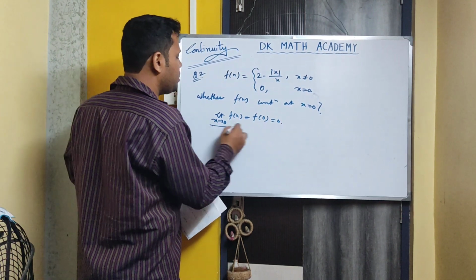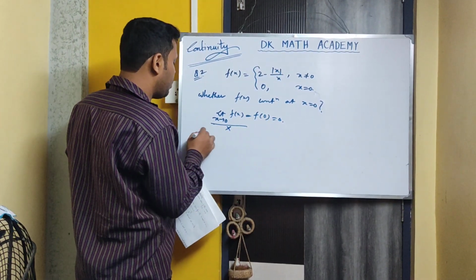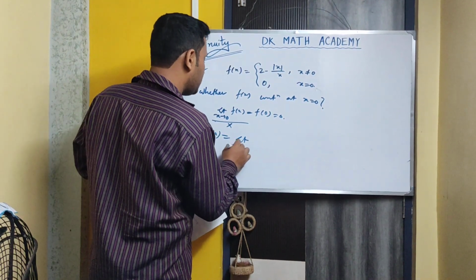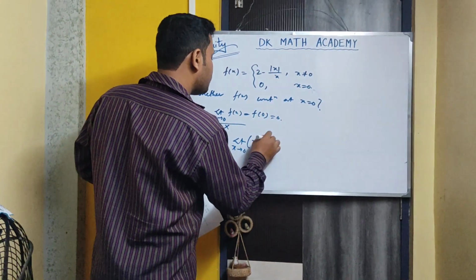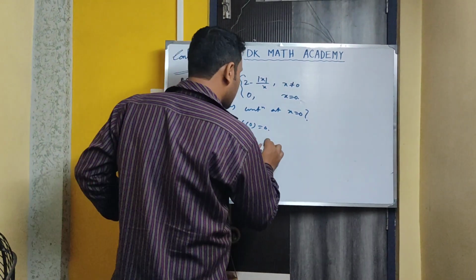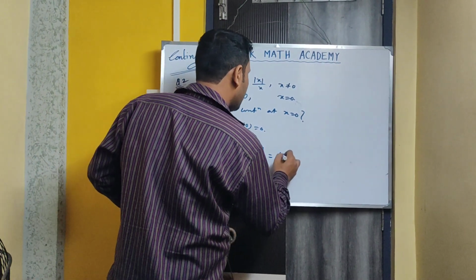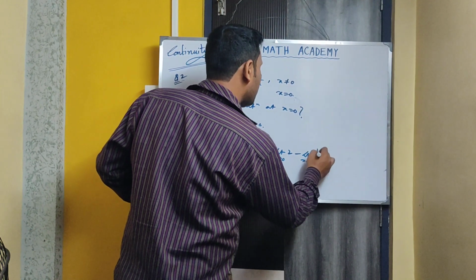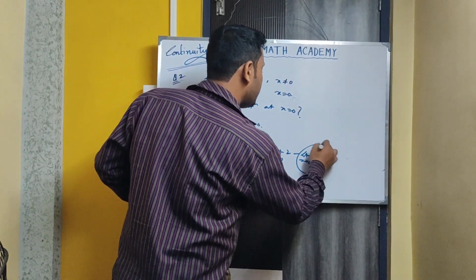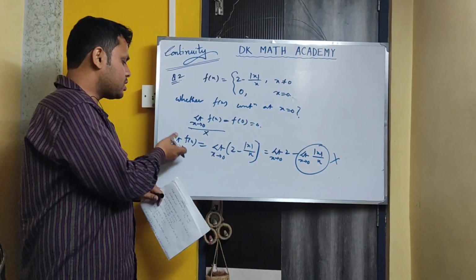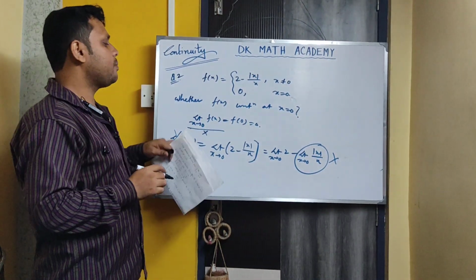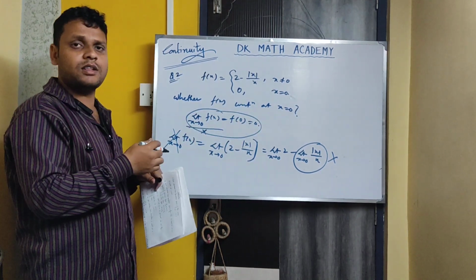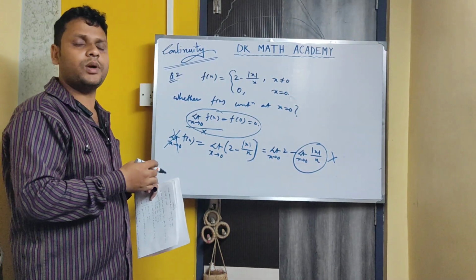But here this limit does not exist, because the limit as x tends to 0 of f(x) equals the limit as x tends to 0 of 2 minus |x|/x, which equals the limit as x tends to 0 of 2 minus the limit as x tends to 0 of |x|/x. This limit does not exist, so this cannot happen. Hence the function is discontinuous at the point x equals 0.